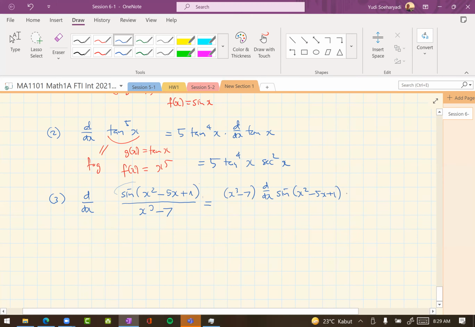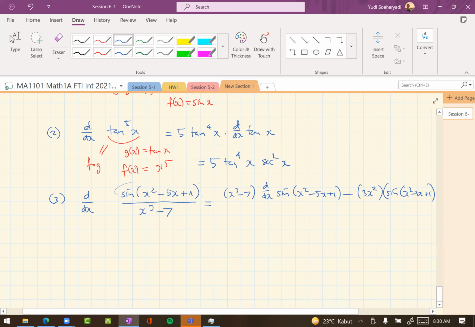Then subtract. I should write this as the derivative of this: 3x squared times sine of x squared plus x plus 1.